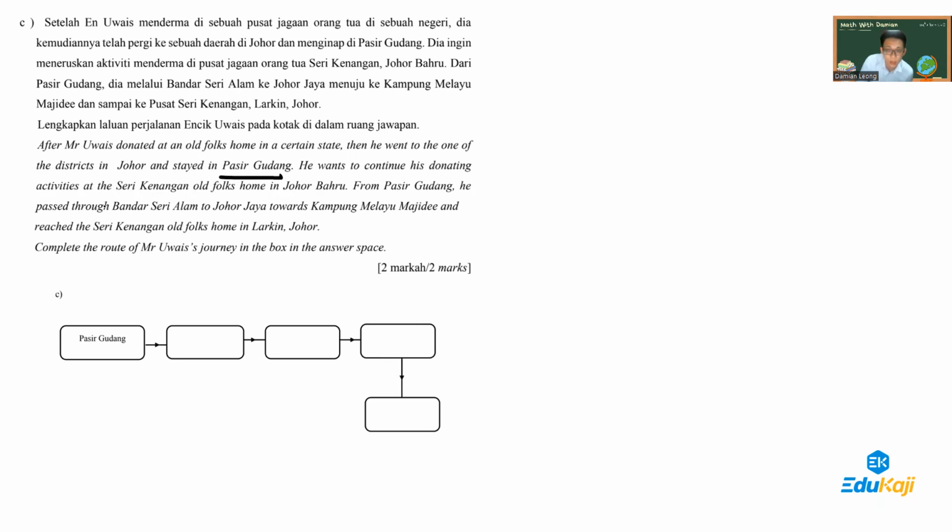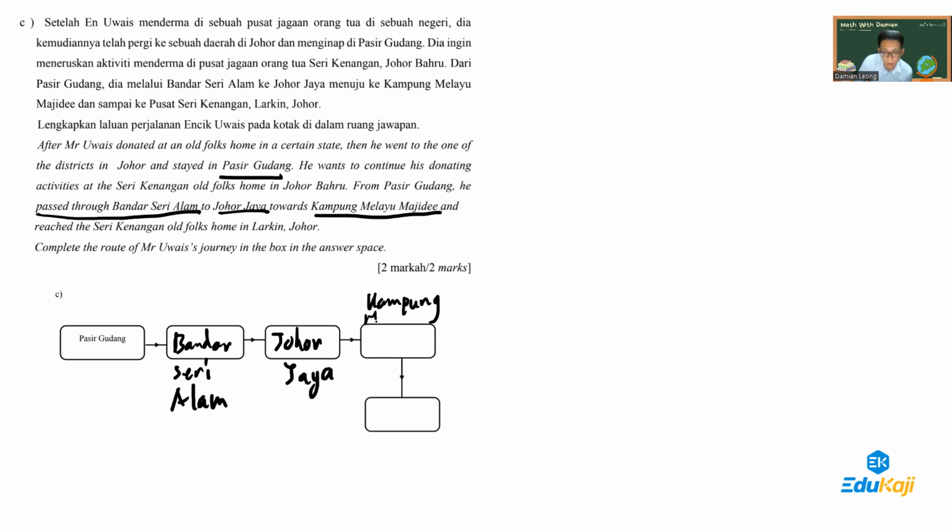So from Pasir Gudang, he passed through Bandar Sri Alam, and to Johor Jaya towards Kampung Melayu Majidi. Then reached the Sri Kenangan Old Folks Home in Larkin.